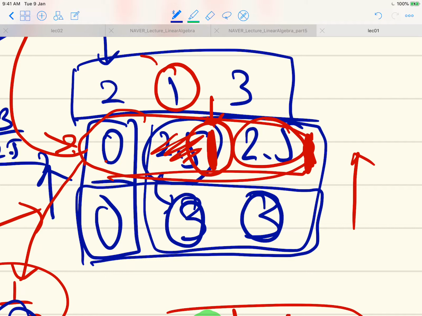So once we found one leading entry, in the forward phase we make all the lower part within the same column 0, and then during the backward phase, by using that non-zero one, we look at the upper part within the same column and make all of them 0, right? And thus, we end up with at most 1 non-zero entry within that column.